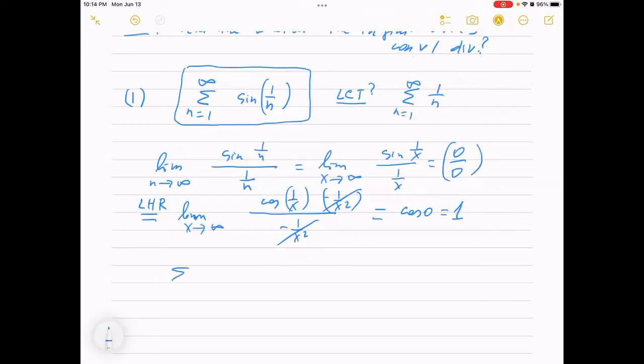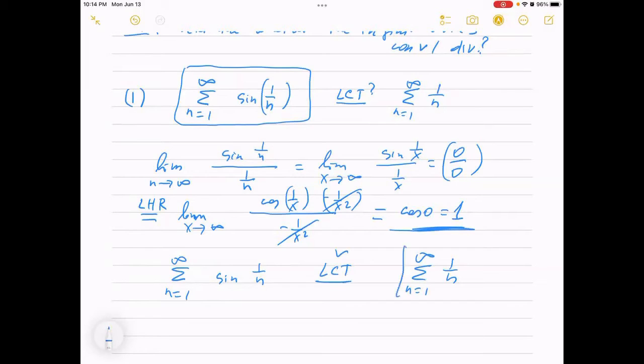So for our original series, sine of 1 over n from 1 to infinity, and the harmonic series, we are allowed to do LCT between them, because the limit of the ratio of terms equals 1.